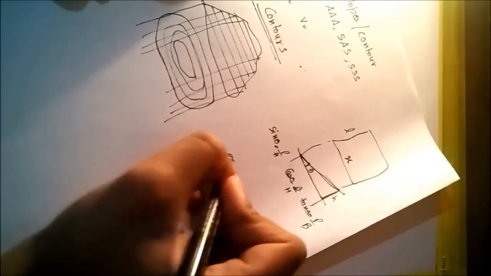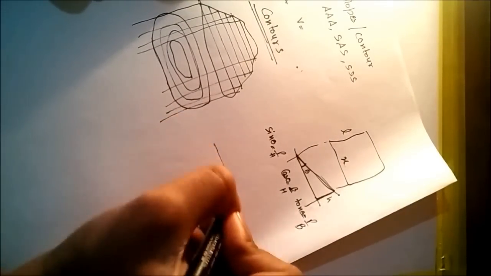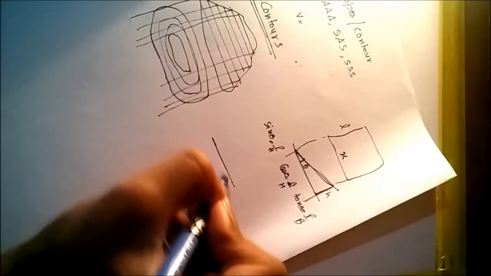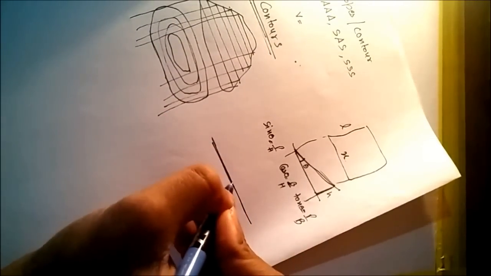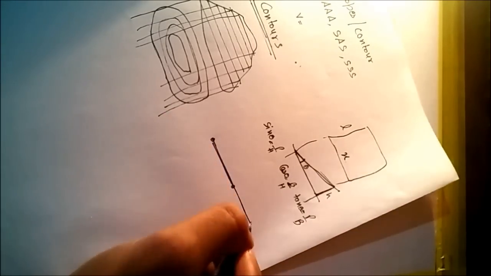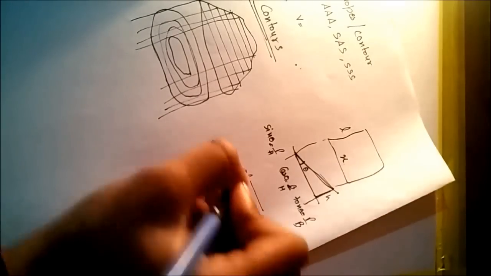Okay, the main problem in contours is this: we have given a line. If we have to divide a line into two parts, that is 1 and 2, we have to divide the line by 2.